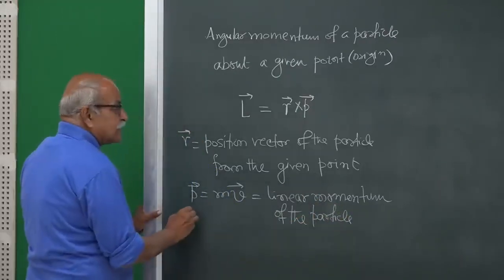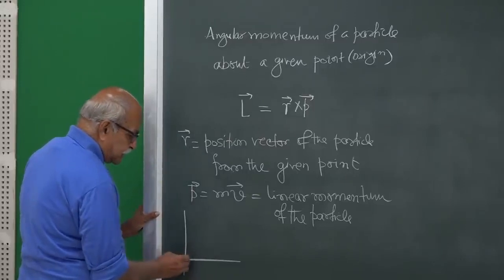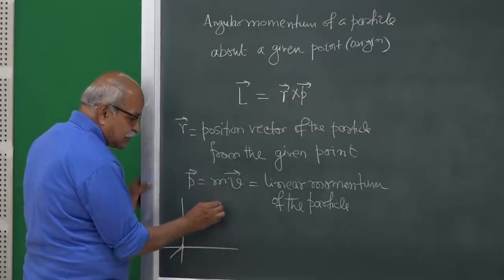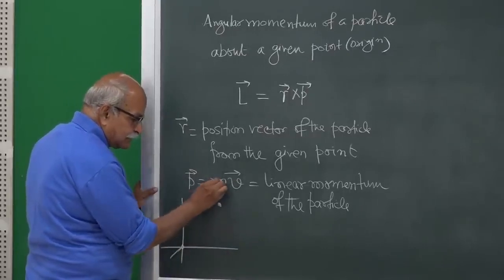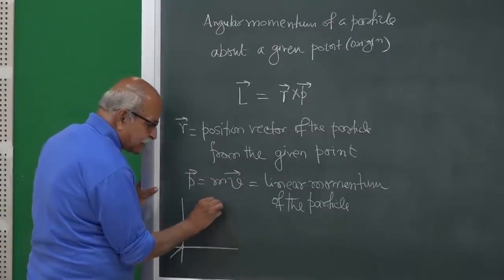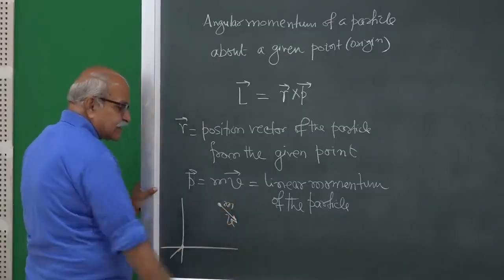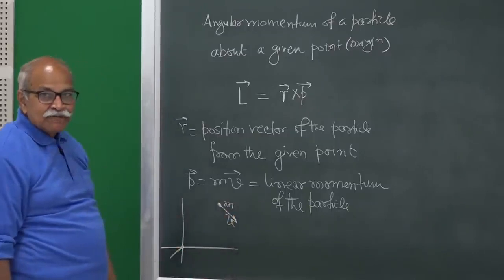So, if you have an origin, if this is that point, and then at a certain instant you have a particle of mass m moving in some direction, say this direction, with a speed v.